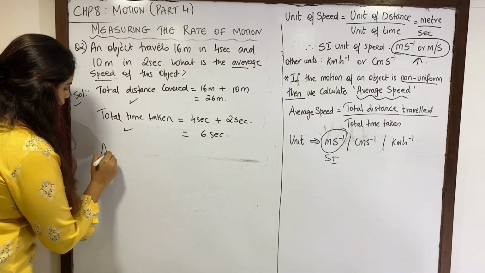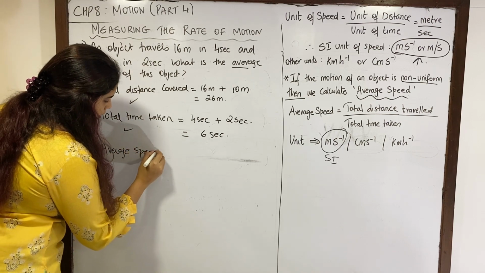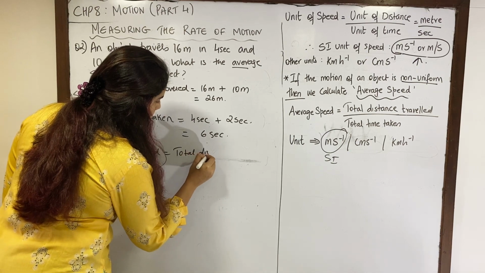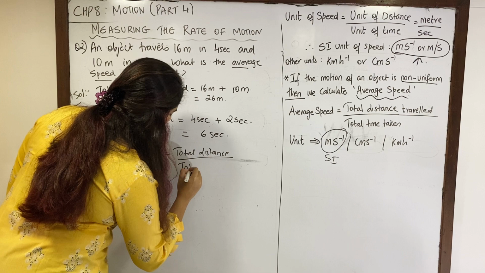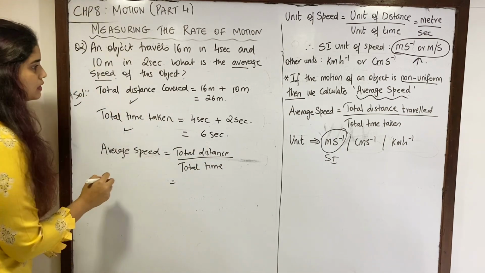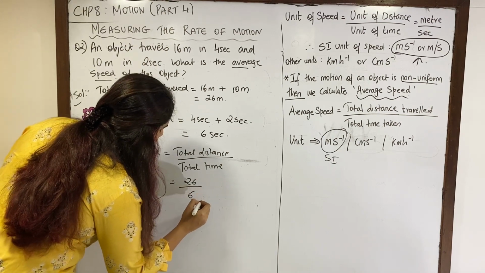So now let us put the formula of average speed. So what is the formula of average speed? It is total distance divided by the total time. So what is the total distance? Total distance is 26 and total time taken is 6 seconds.